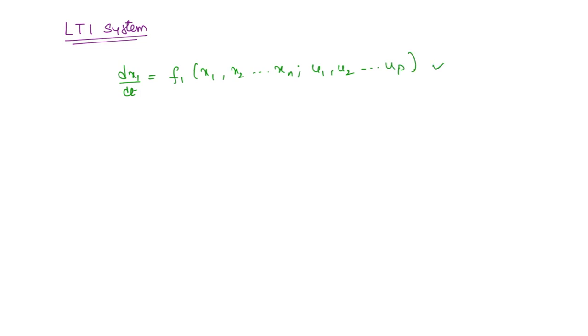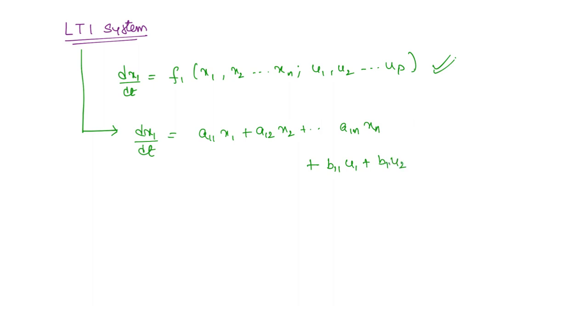This is in general, that means it will apply to any function, but specifically for an LTI system you can write dx1 by dt is equal to a11 x1 plus a12 x2 plus so on till a1n xn plus b11 u1 plus b12 u2 plus so on till b1p up.